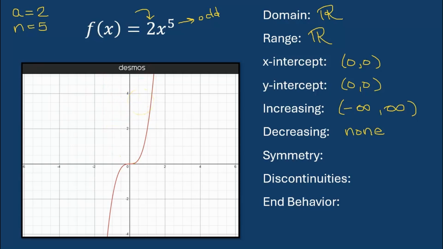Instead, this is rotated about the origin. You can see that if I took this part of the graph and swung it around, it looks exactly like this part of the graph. So we say that odd functions are symmetrical about the origin.